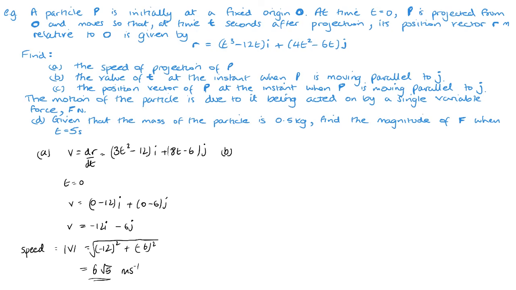So we want 3t squared minus 12 to be equal to 0. So 3t squared equals 12, t squared equals 4, t equals plus or minus 2, and obviously t equals 2 because we can't have a negative time.